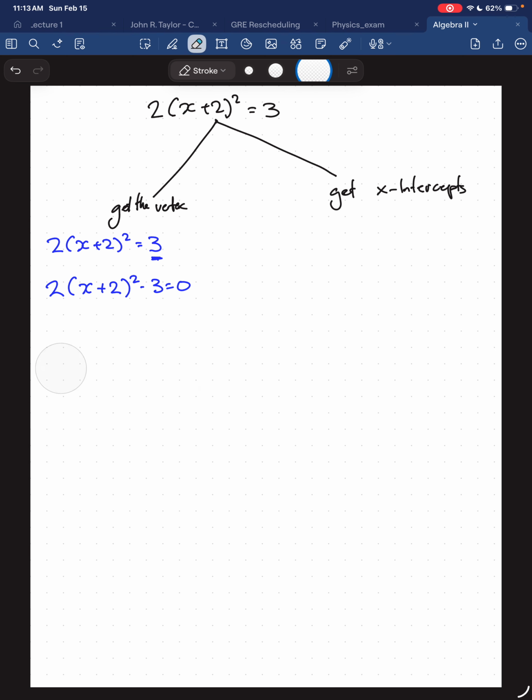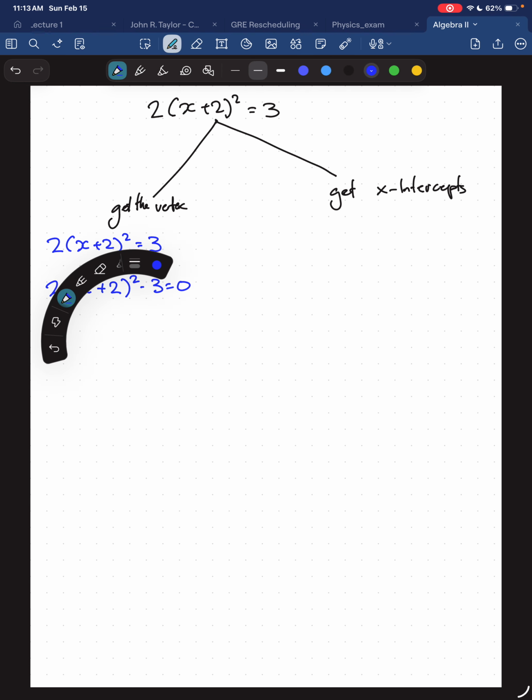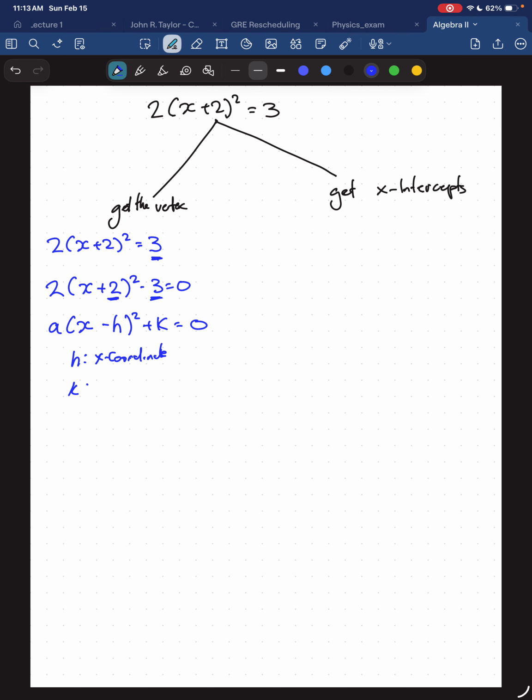So if I have my vertex form, let me rewrite the vertex form right now. A times x minus h squared plus k equals 0. This is vertex form. So my coordinates for my vertex are h and k, where h is the x coordinate and k is the y coordinate.